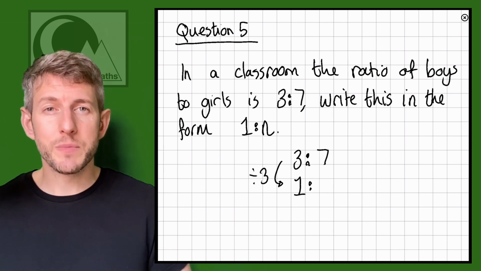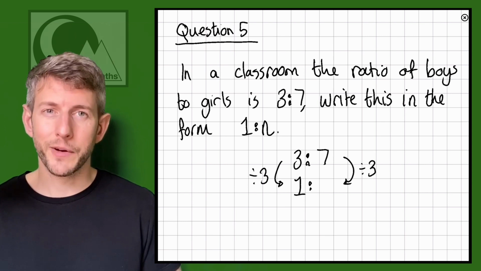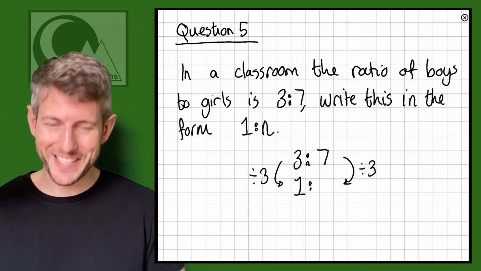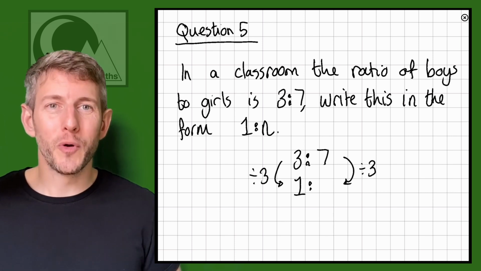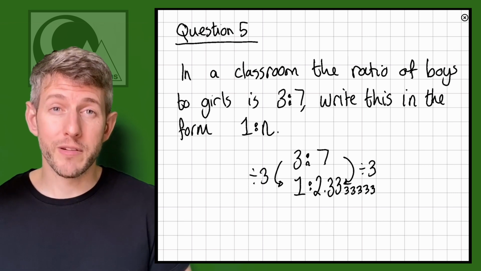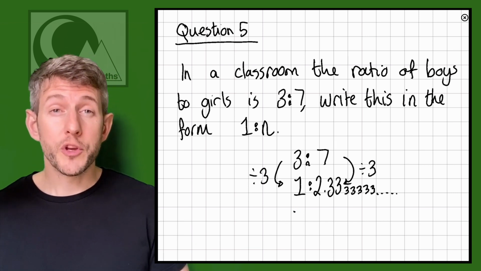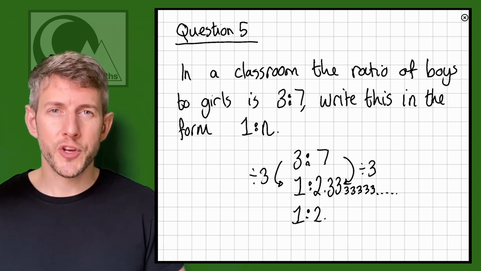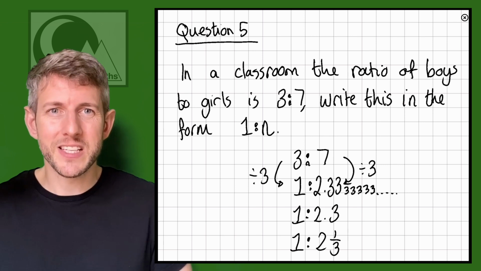So 3 divided by 3 gives us 1, and 7 divided by 3, I'm going to use the calculator for this one, is going to be 2.333333, or 2.3 recurring. You could round it to 2.3, or you could even use 2 and 1/3. Any of these things are always fine usually, unless they specify.